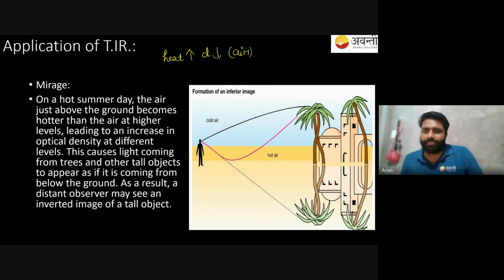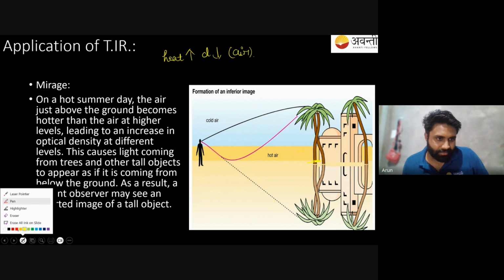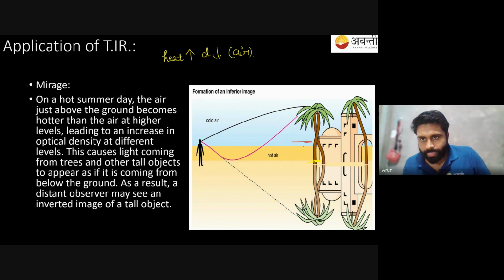So what is happening? We have two media here. One is denser, one is rarer. So if there is a tall object like this tree over here, I will just change the color of the ink. Yeah, this tree you can consider as a tall object.